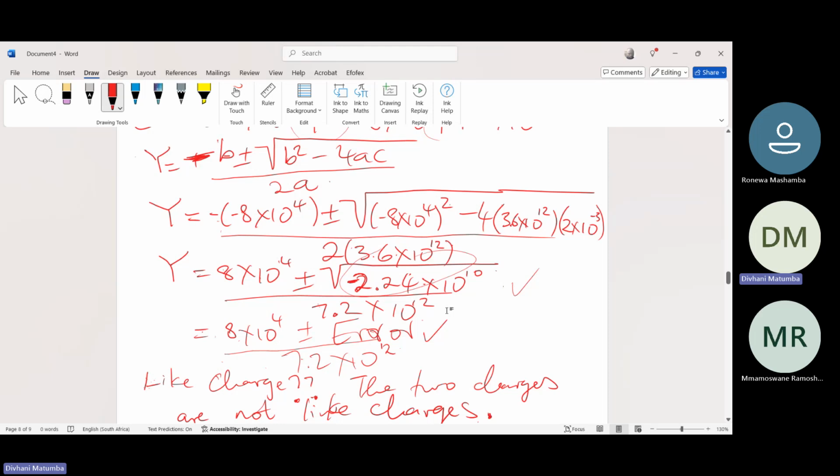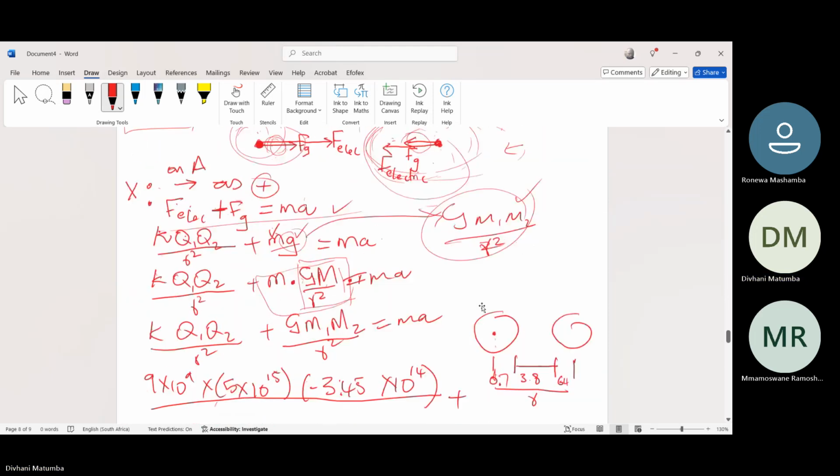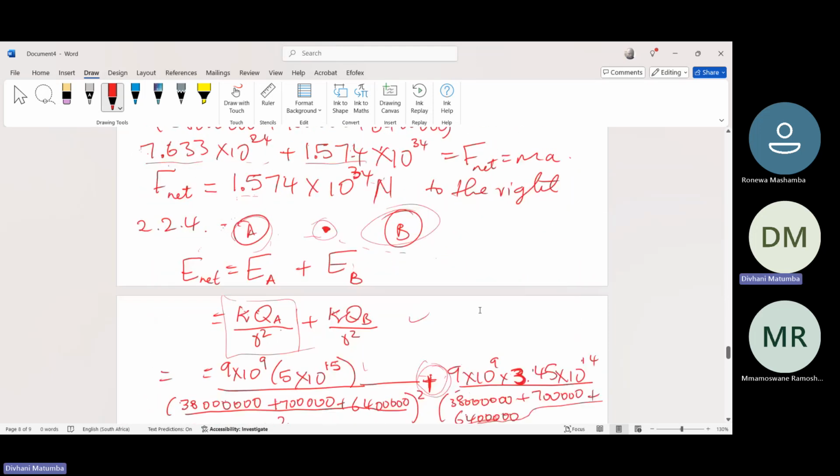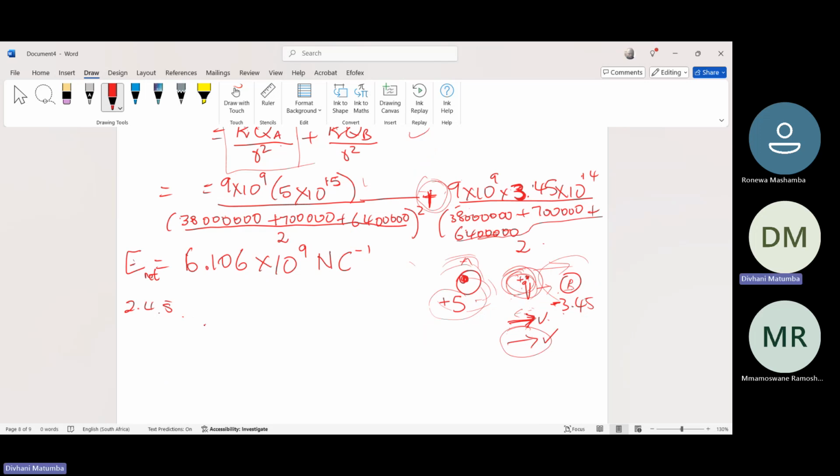No problem. So this will be, let's see, we will have G equals 6.67 times 10 to the power of minus 11 times the mass, which was 6.4 times 10 to the power of 23 kilograms, divided by, what is the value of R?